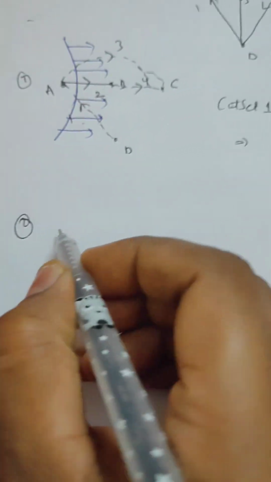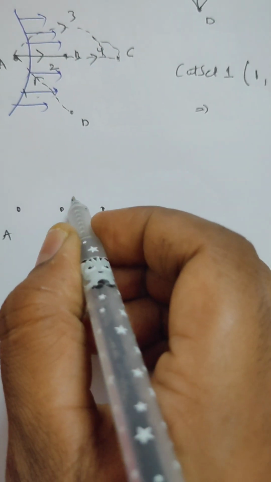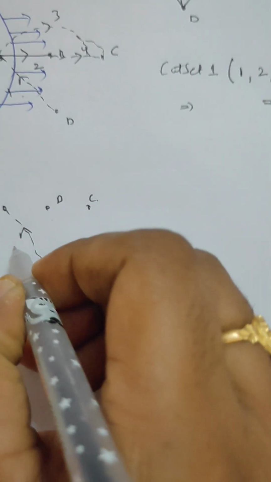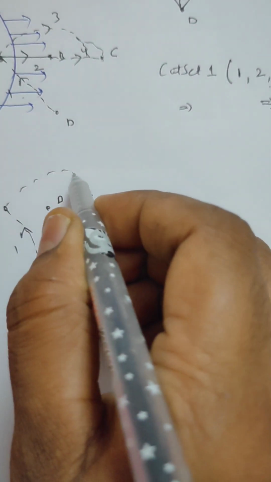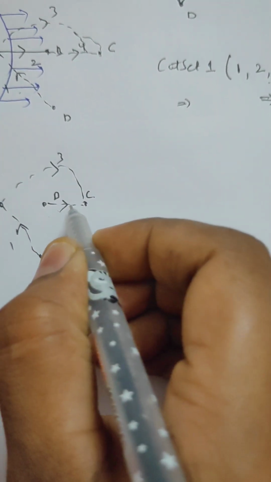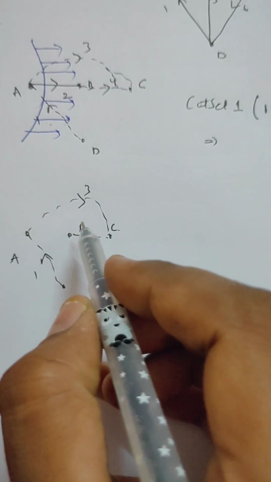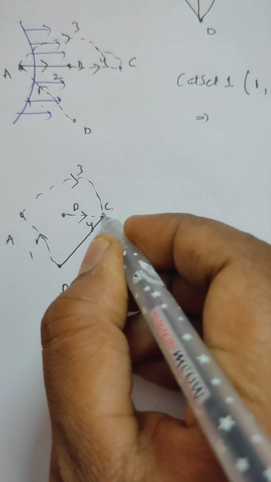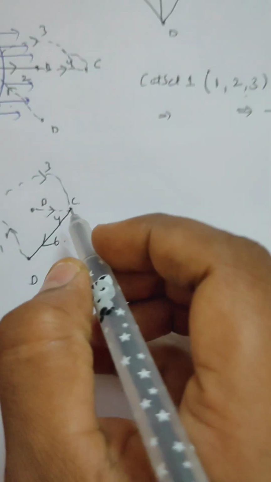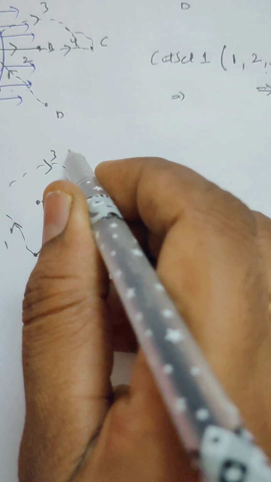Similarly consider the second cut set. Considering 4 nodes A, B, C, D, these are the links, and these are the links. In this one I am now considering this twig, branch 6, which is towards D. Now cut this graph into two equal parts.